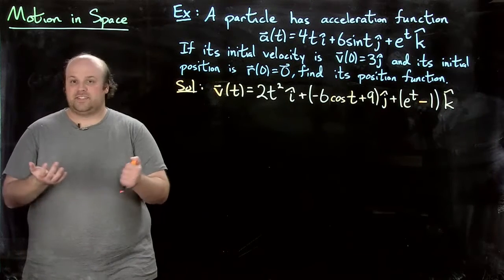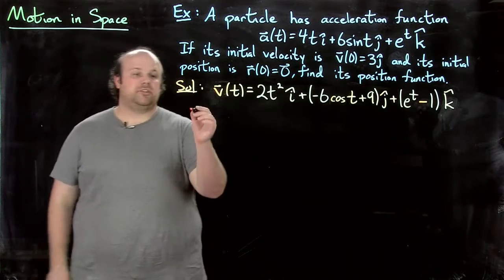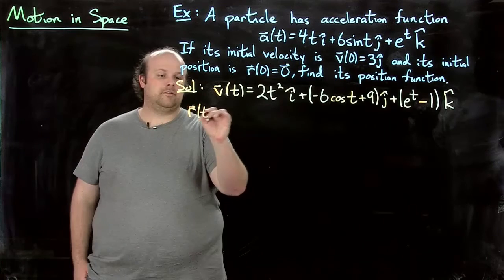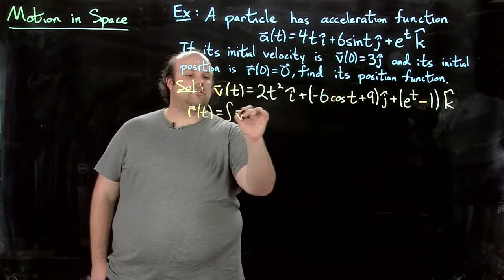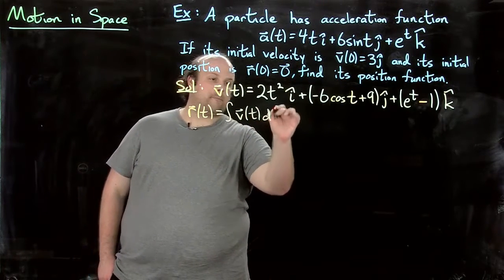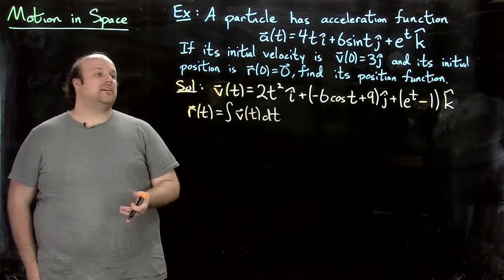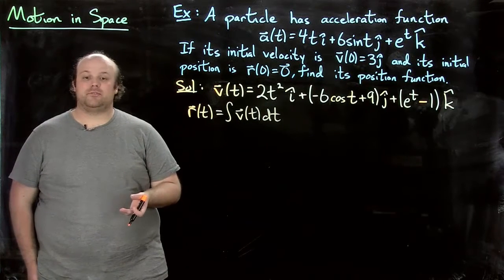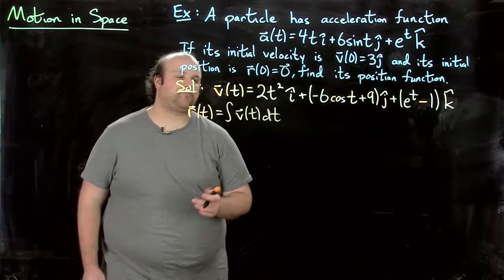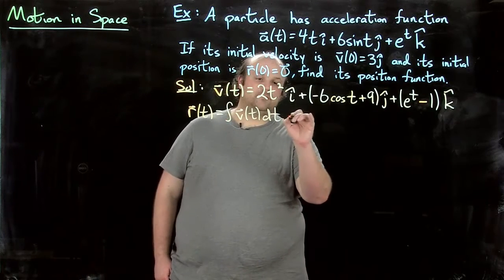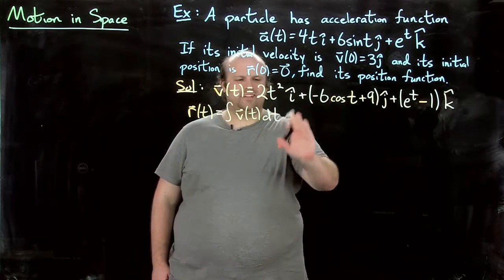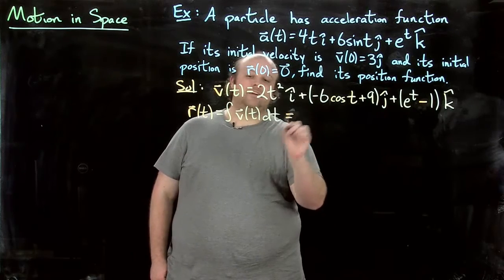So let's do it. So the position, r of t, this is just the integral of velocity. Okay? And we just integrate term by term again, just like last time. Okay? So, oops, sorry, not plus. Equals.